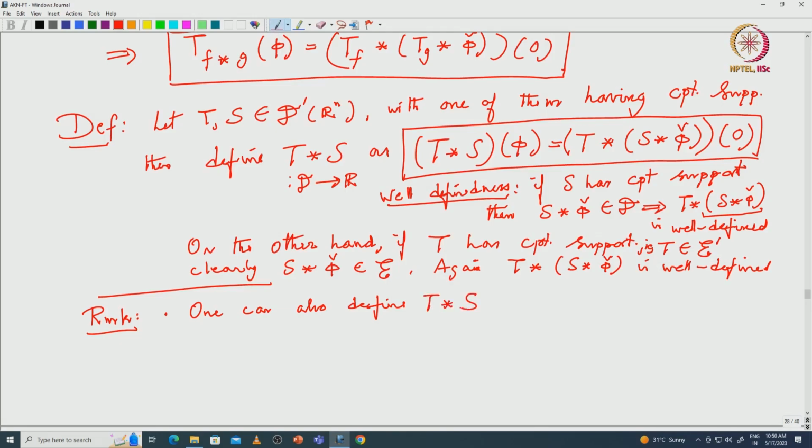By the way, here you can check the continuity easily.